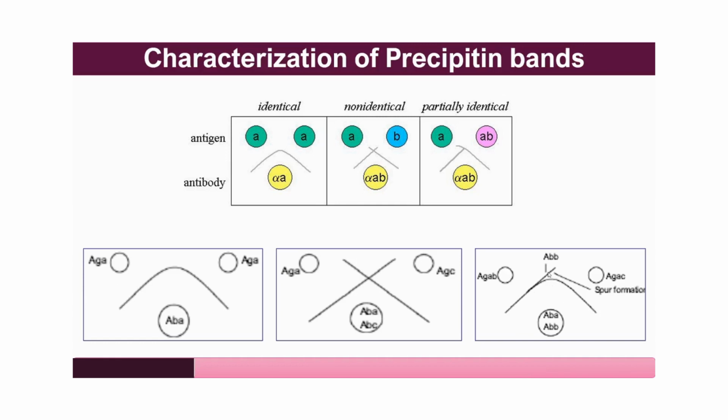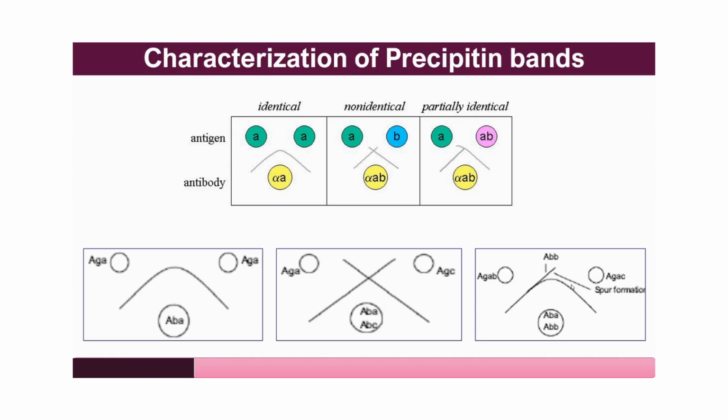Whereas the other line that has appeared here corresponds to antigen B with respect to antibody B, and it doesn't have a similar antigen in the other well. Therefore, that precipitin line has formed a spur which is extending out.